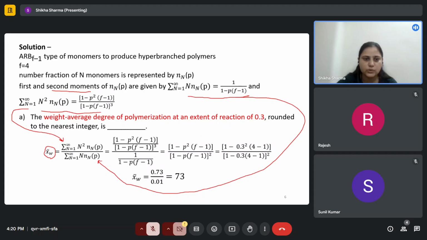When we put these values, we get 1 minus p square multiplied by f minus 1, divided by 1 minus p multiplied by f minus 1 to the power cube.